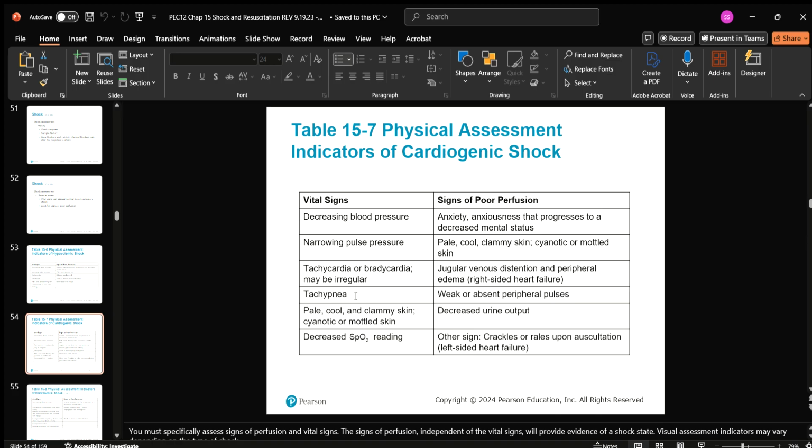Tachy meaning fast, pnea, breathing. Tachypnea, fast breathing. What is bradypnea? Slow breathing. What if someone is apneic, or they are suffering from apnea? Absent. It's absent.